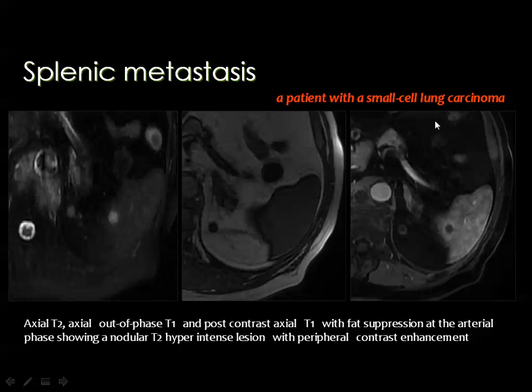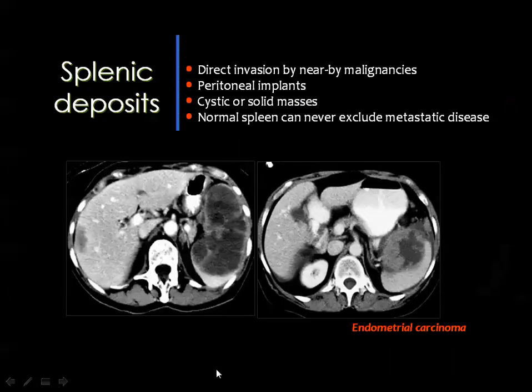And this is a splenic metastasis in a patient with small cell lung cancer, and you see the focal lesion after contrast injection. Considering the patient is known to have a primary malignancy, you suspect that this may represent a splenic deposit.